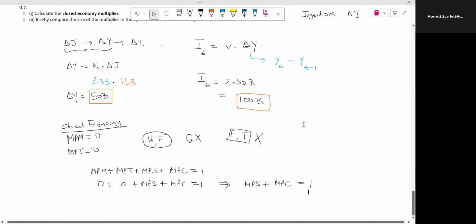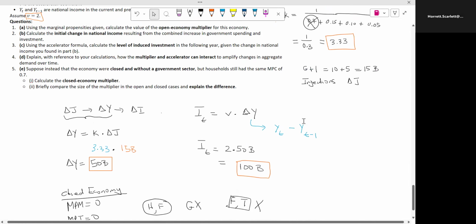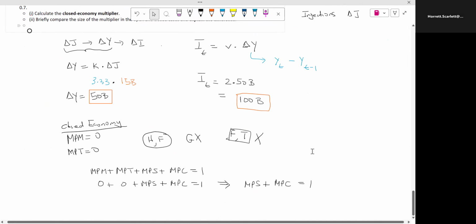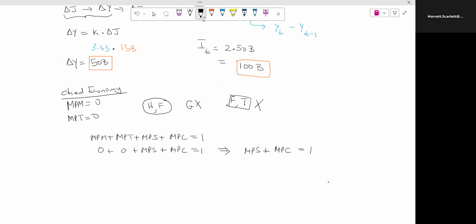Now, we are told what the marginal propensity to consume is going to be. It is said that we are keeping it at 0.7. If we keep the marginal propensity to consume at 0.7, then remember, if we just rearrange the formulas, then we are going to get that the marginal propensity to save is going to be equal to 1 minus the marginal propensity to consume.